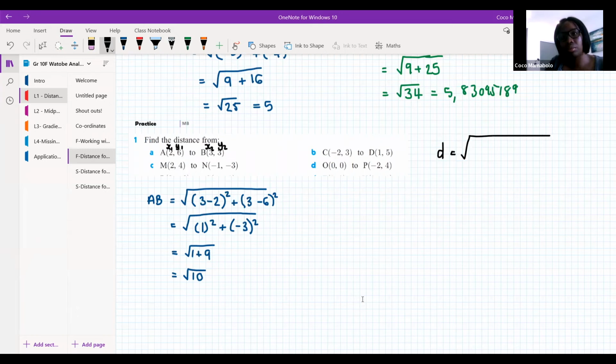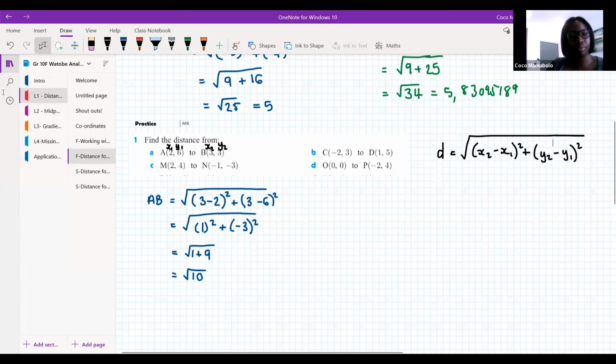It's the square root of x2 minus x1 squared plus y2 minus y1 all squared. All right. Liasruma, did you get something similar to me? Then I'll ask you guys to give me your answers to 2 decimal places, if that will help.